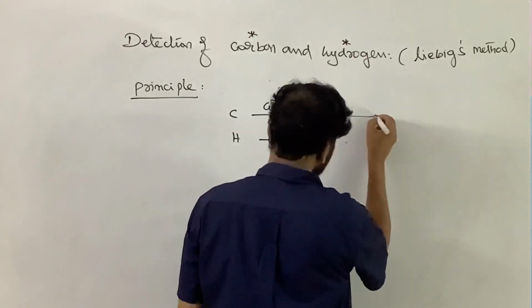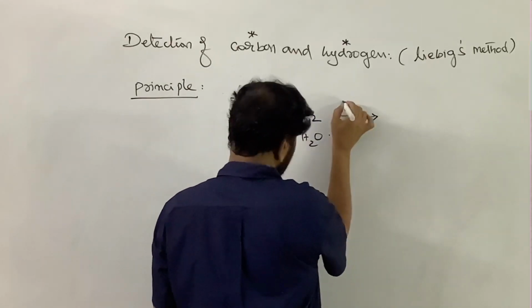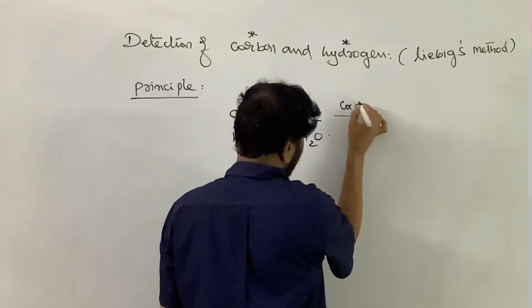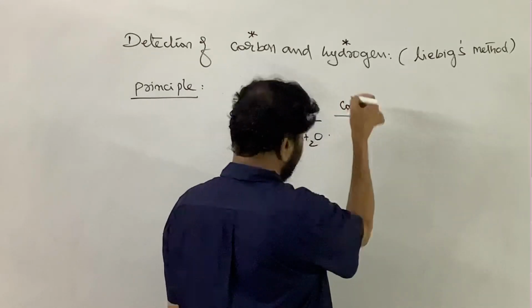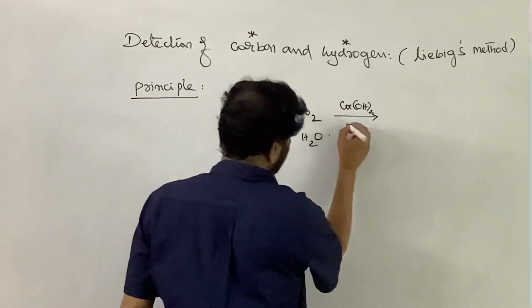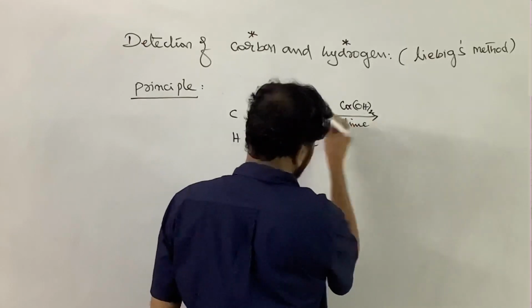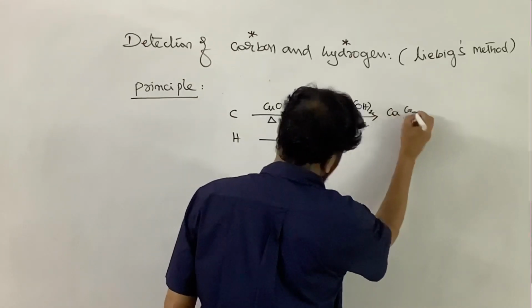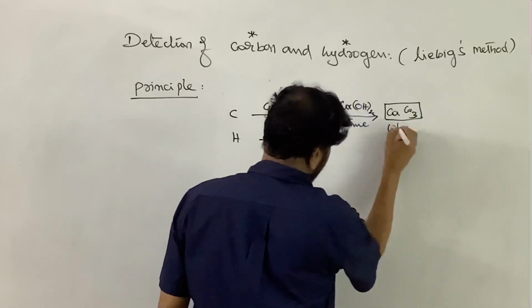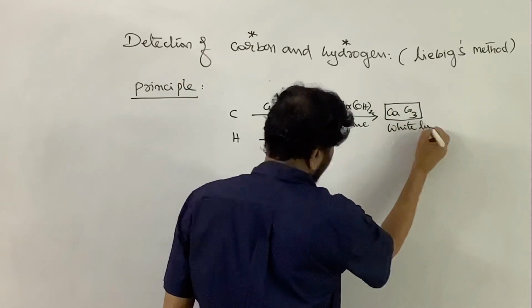The carbon dioxide coming out is passed through lime water, Ca(OH)2. A saturated solution of calcium hydroxide is called lime water. It turns turbid, forming white calcium carbonate.